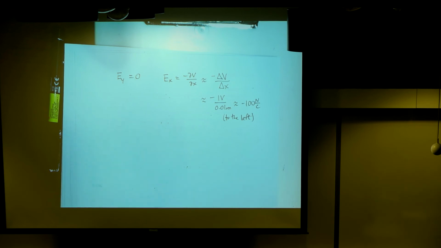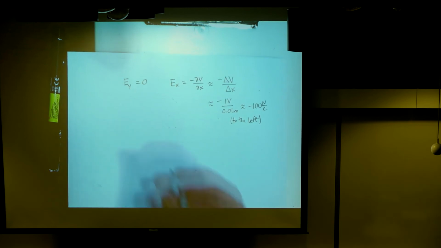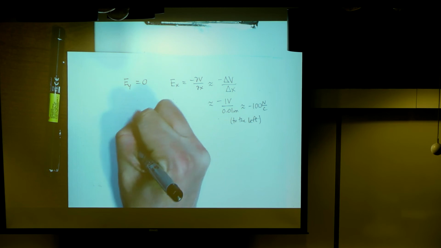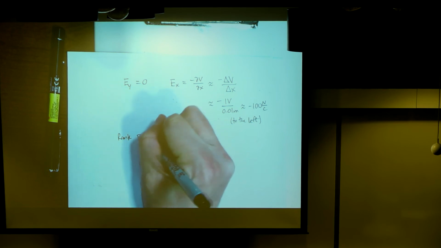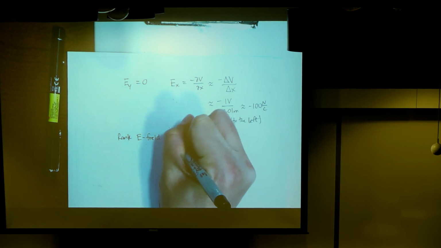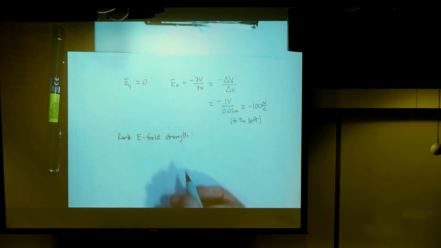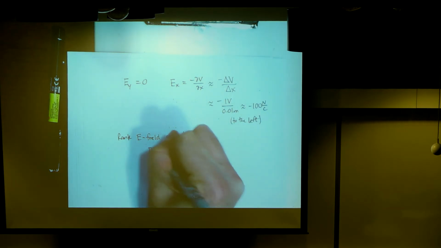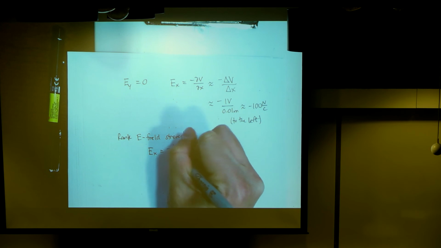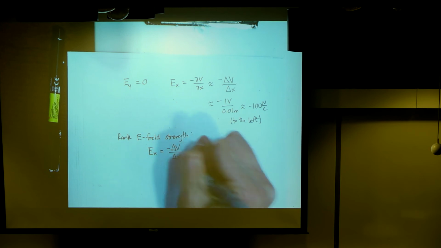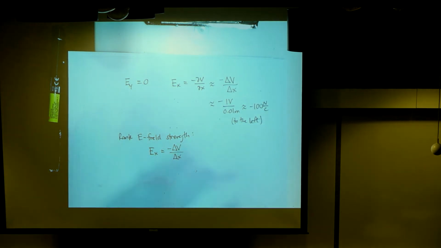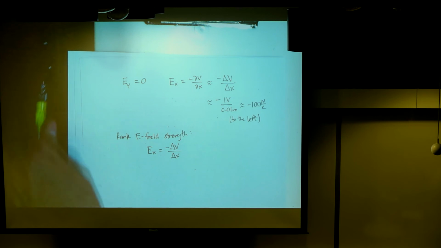The next question has to do with ranking the E field strength between the 3 points shown. And for that, again, I'm just going to remind you that E_x equals minus delta V over delta x. But if I just want the strength of the E field, don't worry about the negative sign, okay? So here's the thing.